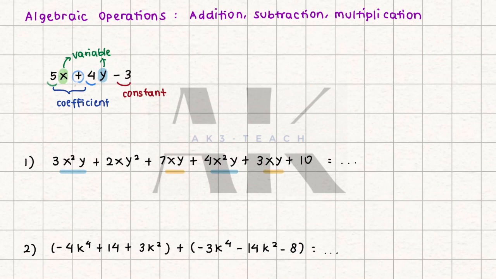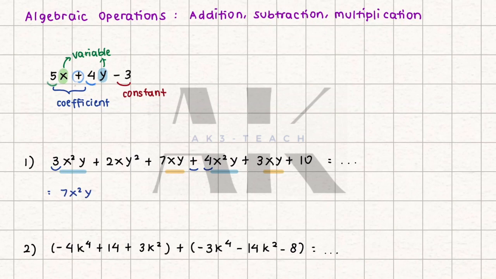As for the xy squared, there is no other term with the same variable. So when we see something like this, we'll combine them. For the x squared y, we have 3 plus 4. So that gives us 7x squared y.